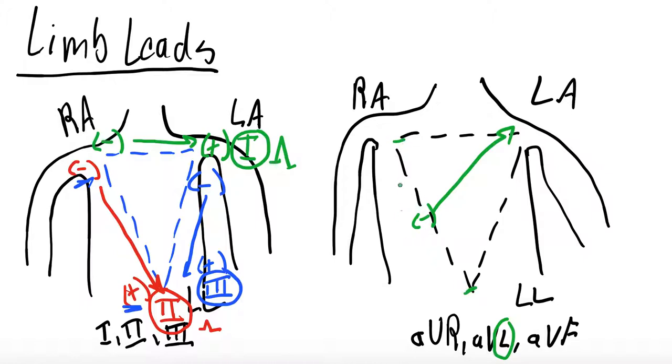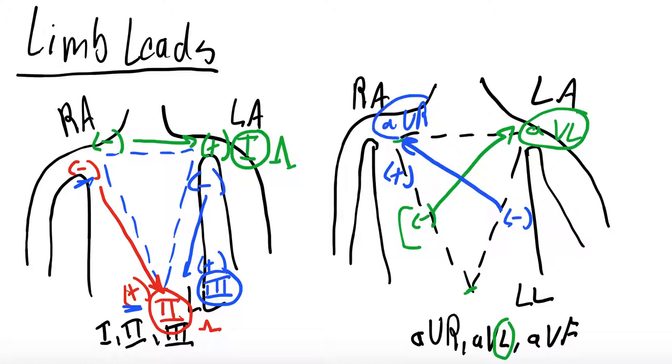It just uses the middle summation to be the negative, and then it always goes towards the direction. So this is aVL, the positive going towards the left arm. For aVR, as one would imagine, it's going to be from the middle up to the right arm. So this is negative, this is positive, and this is aVR.